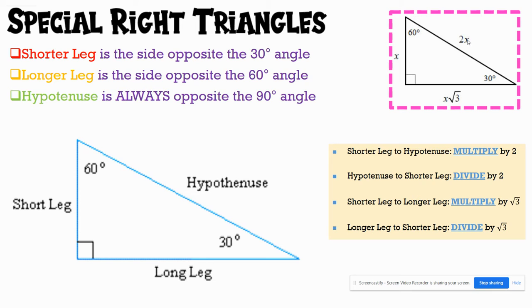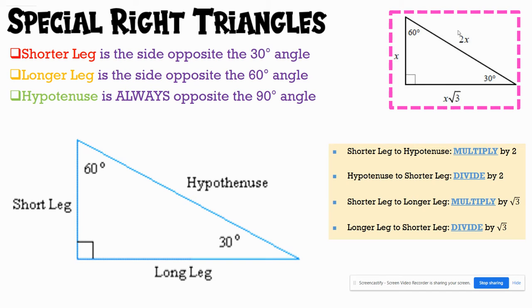In other words, just double it. If the short leg was 3, the hypotenuse would be 2 times 3, 6. If the short leg was 10, then the hypotenuse would be 2 times 10, which is 20. So the short leg and the hypotenuse go together really nicely. If you know one, it's easy to find the other.